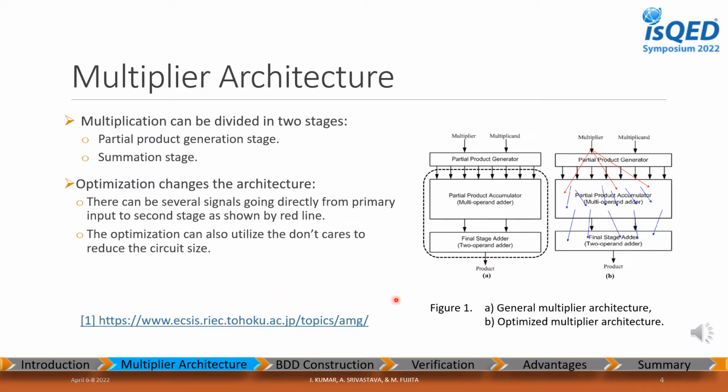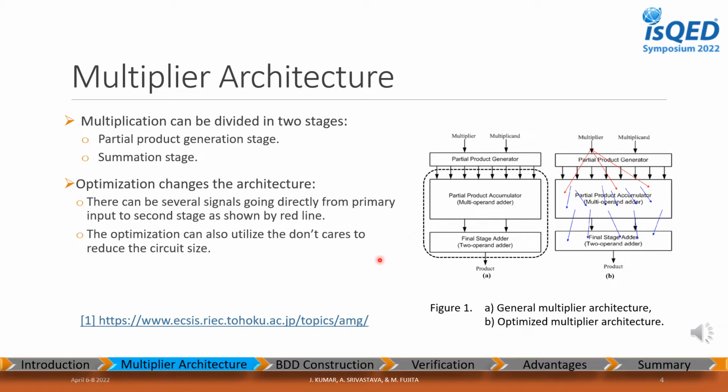In a general multiplier circuit, the adder trees have multiple half adders and full adders and have clear boundaries, and one can easily separate them. But after optimization, the boundaries of adder trees are destroyed, and there may be a possibility of direct connection of primary input to the second stage, as shown by the red lines in the figure.